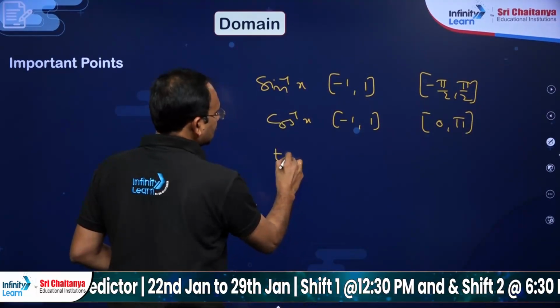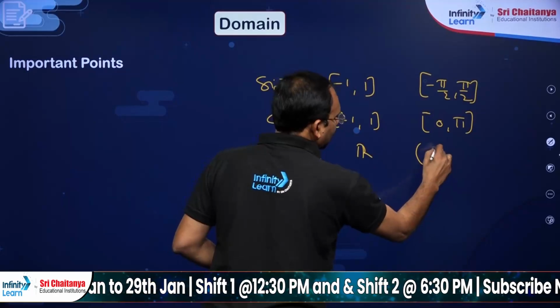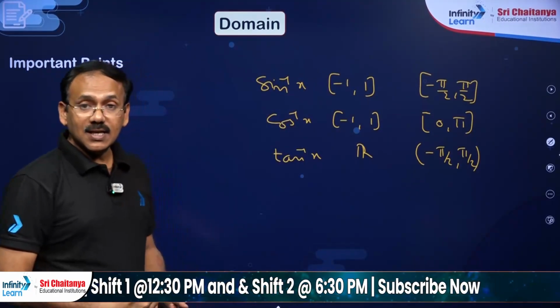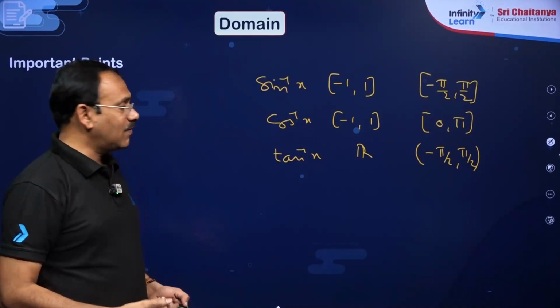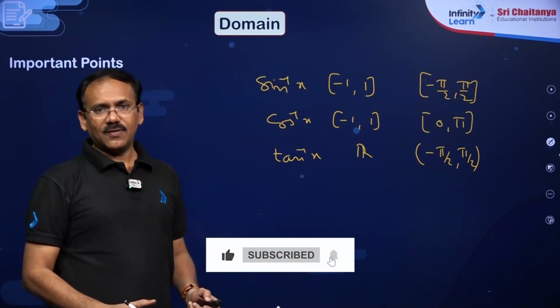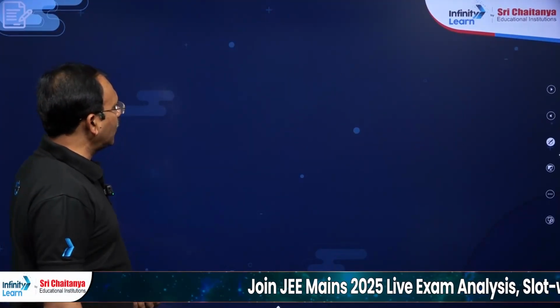Similarly tan inverse x function, domain is R and the range is open minus pi by 2 to pi by 2. Similarly secant inverse x, cosecant inverse x, cot inverse x, you also know the standard domains and ranges, my dear friends. So now as you know this, we will try the problems directly.